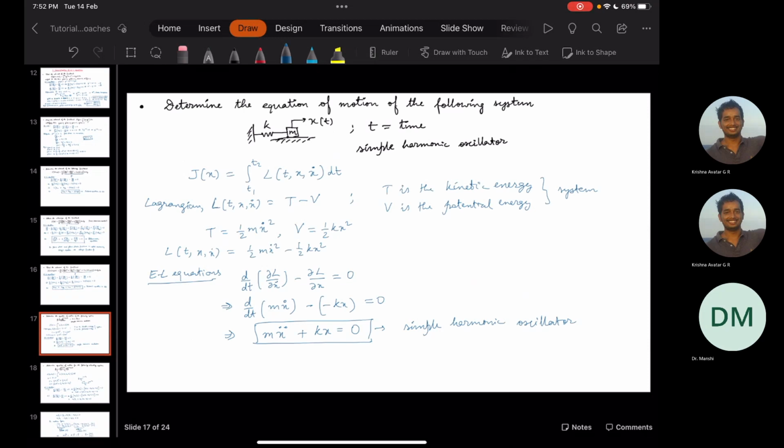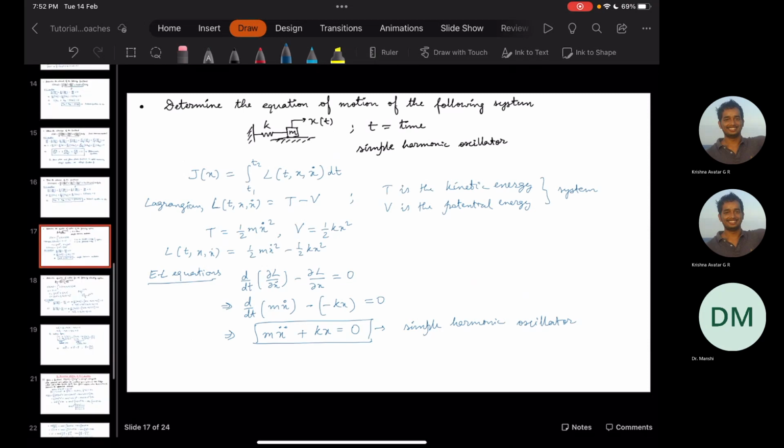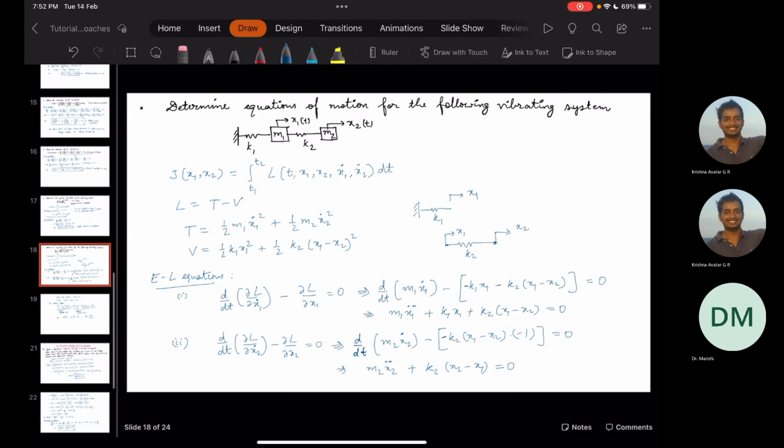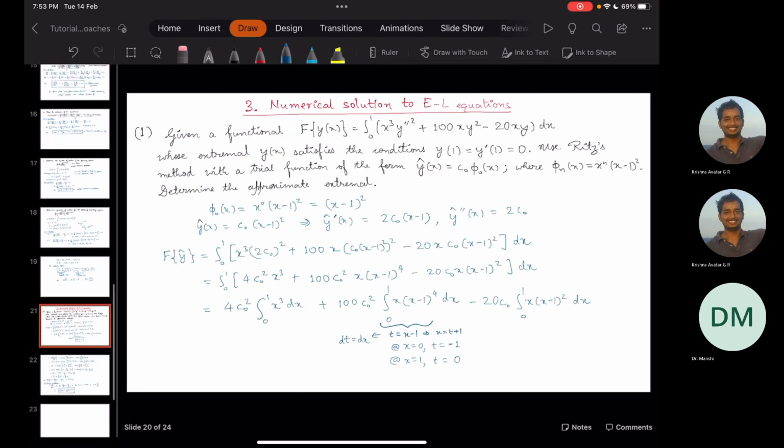Then we determined the equations of motion for a vibrating system. We started with single degree of freedom, then moved on to a two degree of freedom system. And then we did a problem on numerical solution to the Euler-Lagrange equation for a special case, which was the Ritz method.